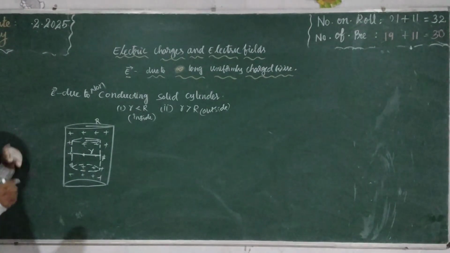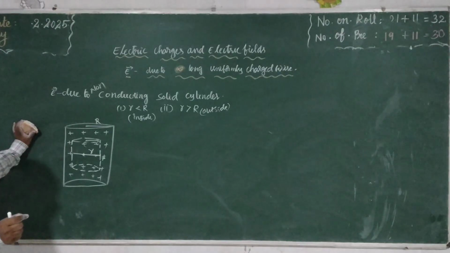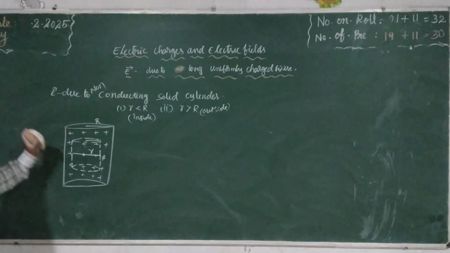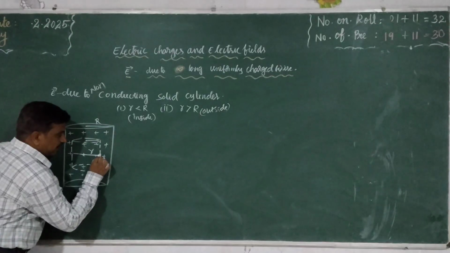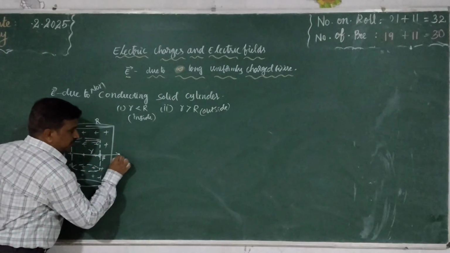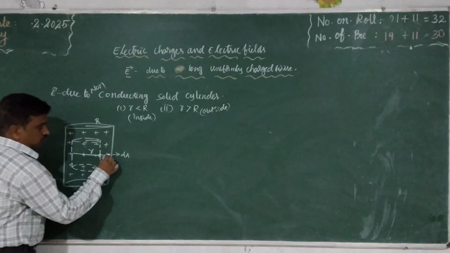In the same way, theta is the angle between the electric field vector and the area vector. Theta is the same at every point on the Gaussian surface, either 0 or 90 only. So we select some area. Here the area vector is dA and the electric field is also in this direction.